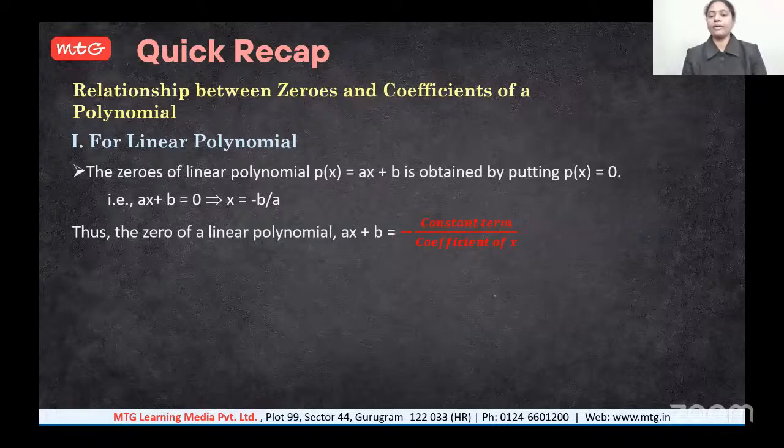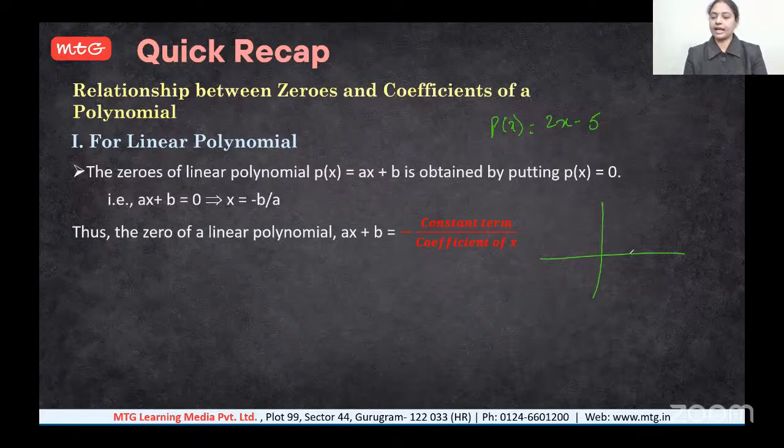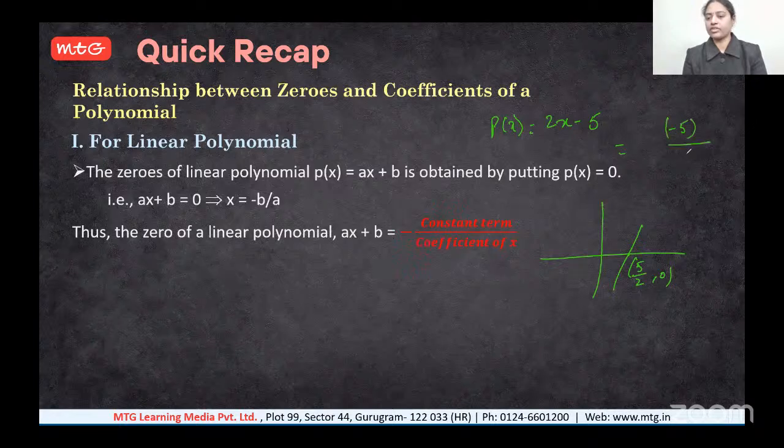Now, for example, if I have a polynomial like 2x minus 5, and I draw the graph of this, where will it cut the x-axis? It will cut the x-axis at 5 by 2, 0. So how did I instantly say that? The simple thing is the constant value, minus 5, I divide by the x coefficient 2, with a minus sign before it.